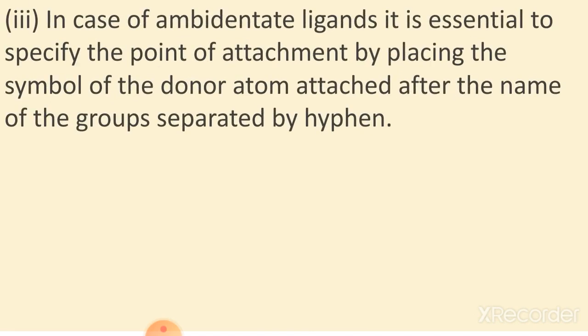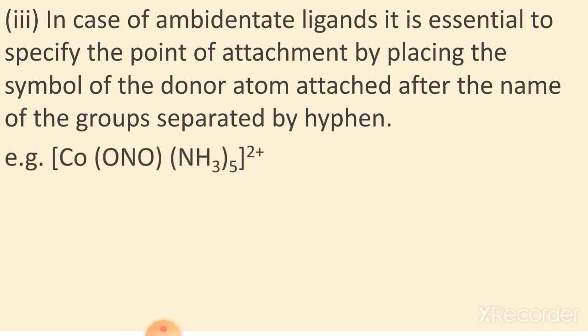Now next, in the case of ambidentate ligands, it is essential to specify the point of attachment by placing the symbol of the donor atom after the name of the group, separated by a hyphen. So look at [Co(ONO)(NH3)5]²⁺.